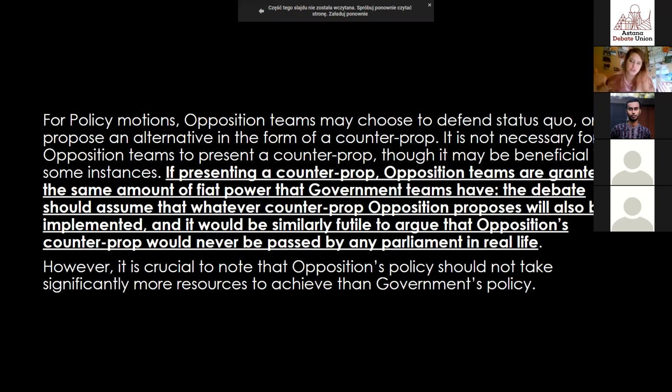However, it is crucial to note that opposition's policy should not take significantly more resources to achieve than government's policy. But also explain, if it's a different solution, why it's likely to be better taken by people and why it's likely to satisfy more groups of people. So you also need to show that this policy is likely to be accepted by the population and positively approached.